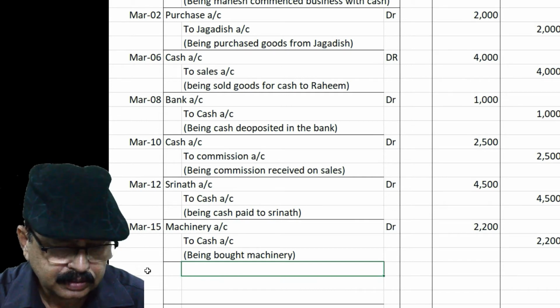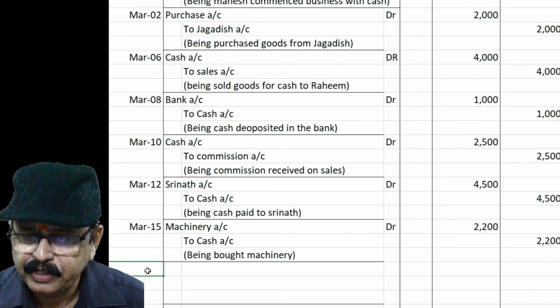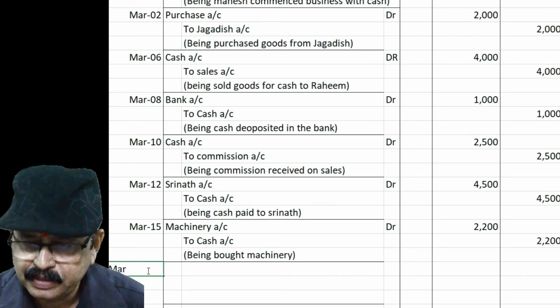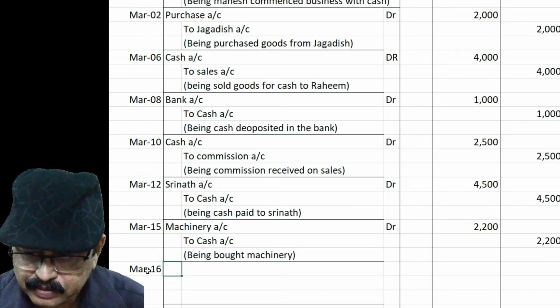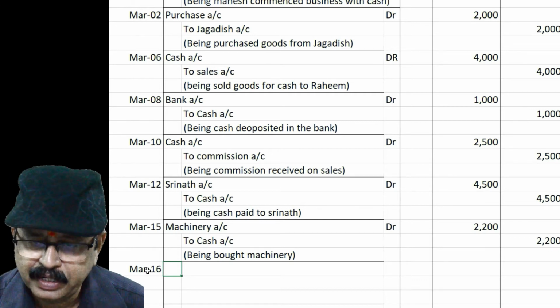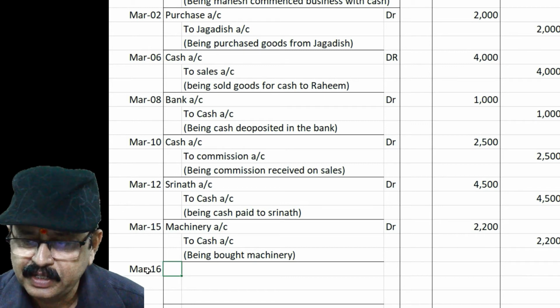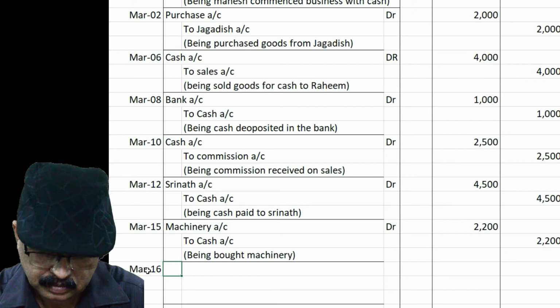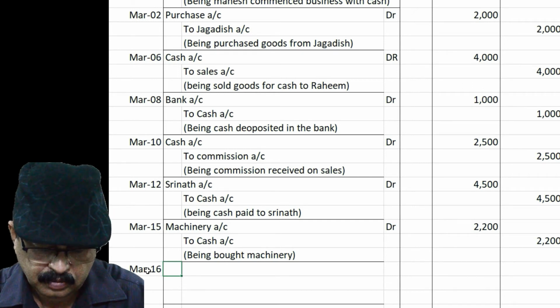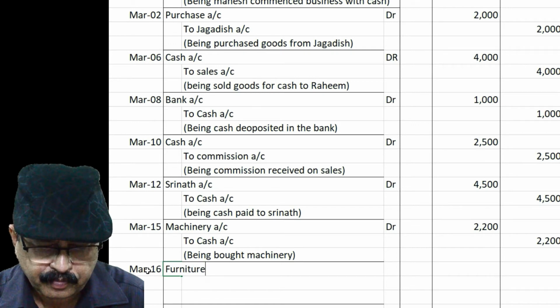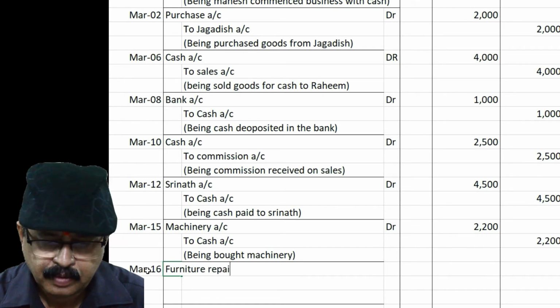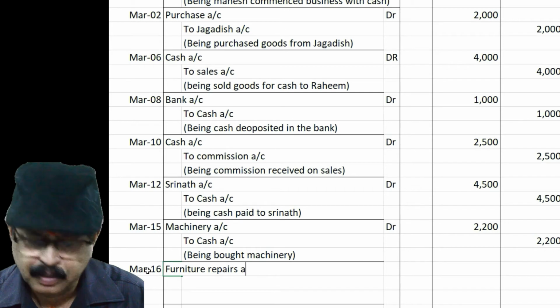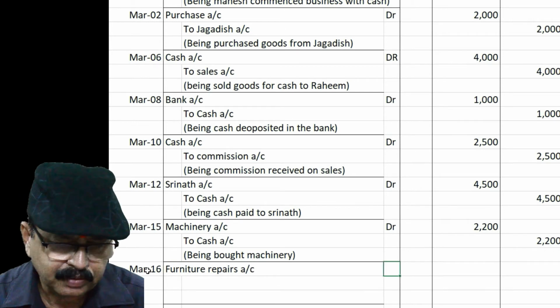March 16th, furniture repairs. Furniture repairs means it is an expenditure, it is debit. When we do repairs, cash will go outside, cash account is credit. So finally journal entry is furniture repairs account debit to cash. Furniture repairs account, amount is 500 in the debit column.